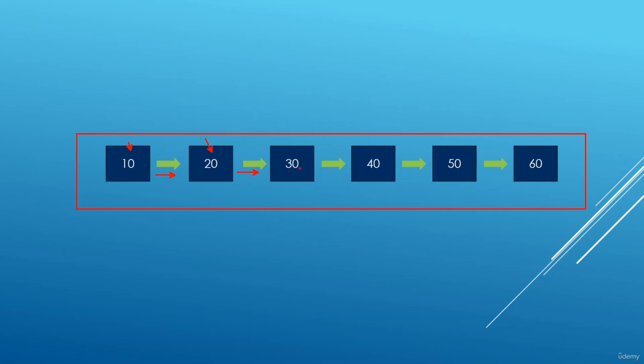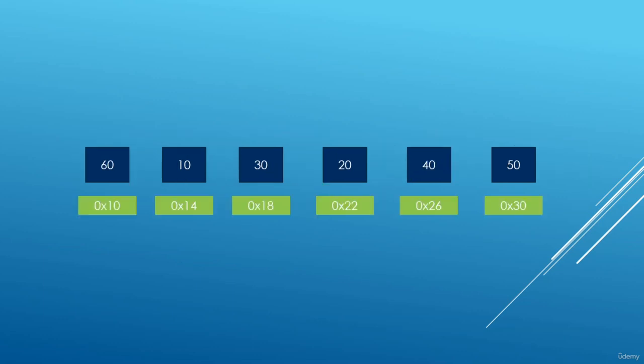The std::forward_list container doesn't have to use memory locality to go from one element to another because elements can be stored non-contiguously in memory. Here is a simple example. Our first element, this 10 here, is living at this memory address. 20 is living at another random address. 30 is living at another random address.